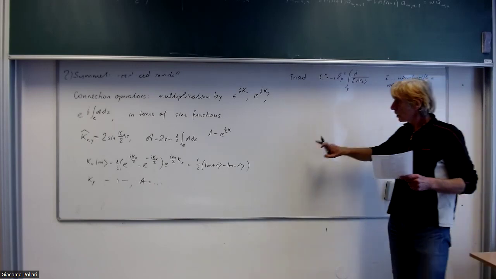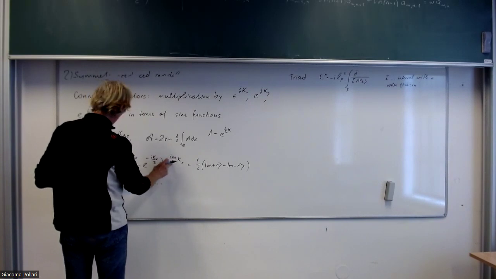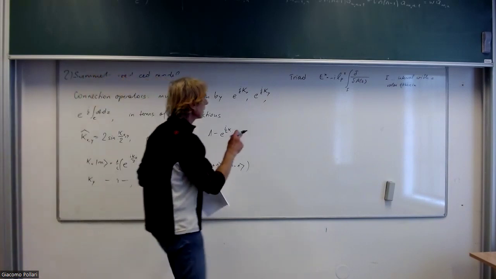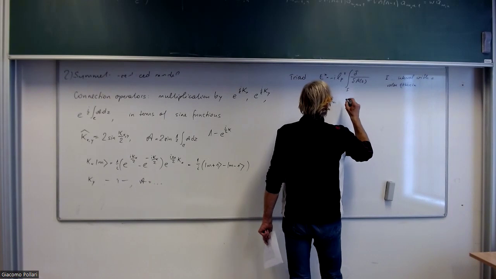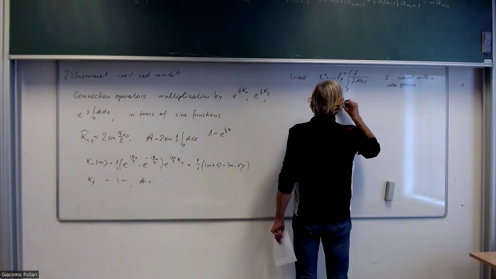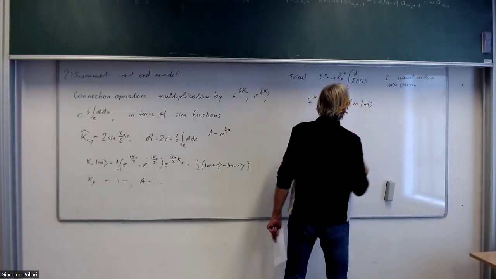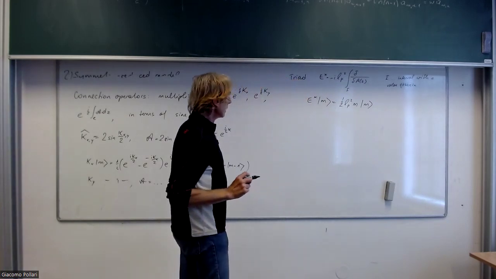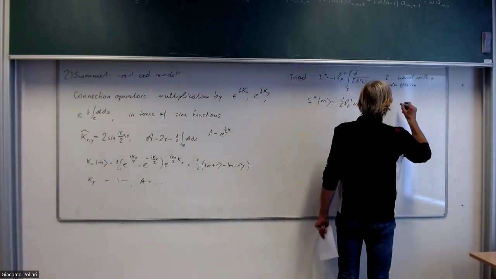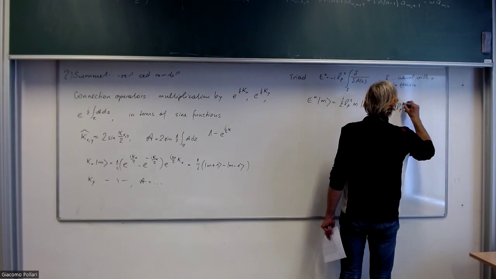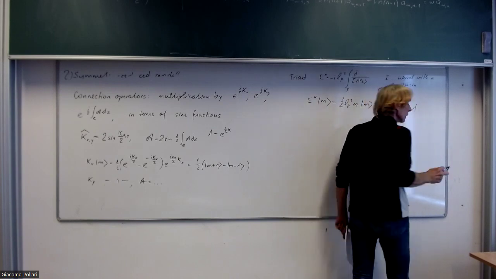If this acts on such a state, you just get down a half, and you already have e squared. So e equals m is 1 half p squared times m, and in the future we will set 1 half p squared, or maybe with the Immirzi parameter, equal to 1.